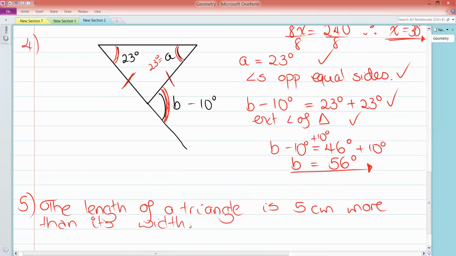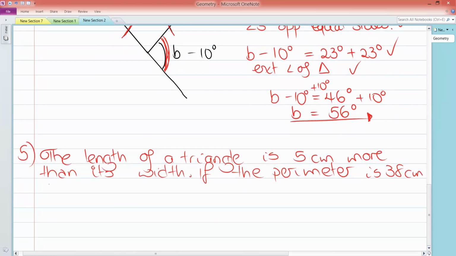If the perimeter is 38 centimeters, calculate its area.